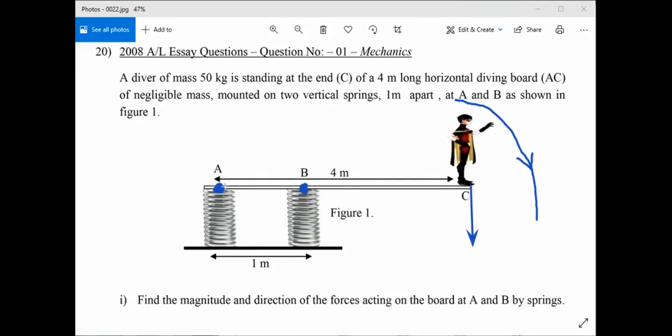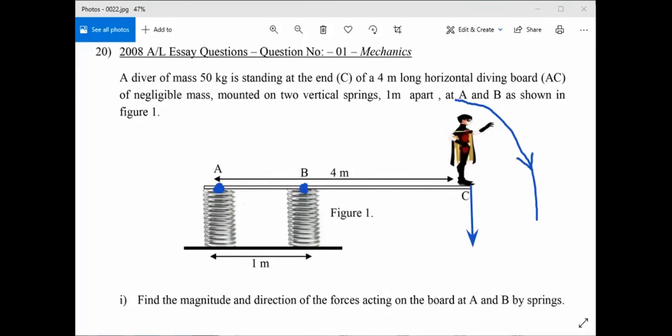It means the length of the spring will be increased. Can you understand it? When C is going to be moved downward and A tries to move up, the length of the spring will be increased. If the length of the spring is increased, what will be the direction of the force given by the spring?